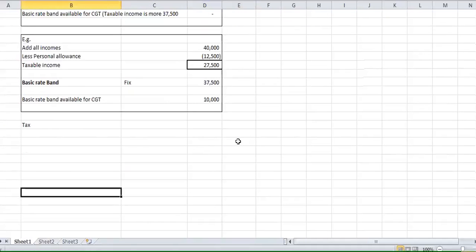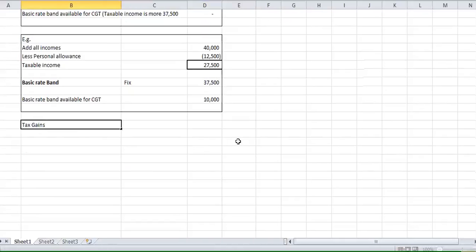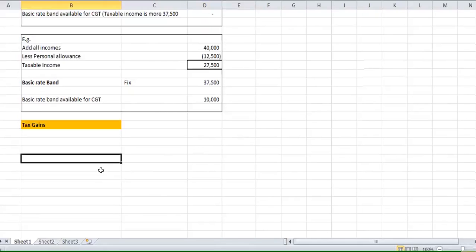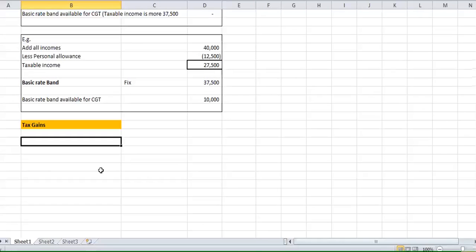Okay, so now we are moving towards taxable gains. The next point is how to calculate taxable gains. We have just learned the calculation of the unused basic rate band.